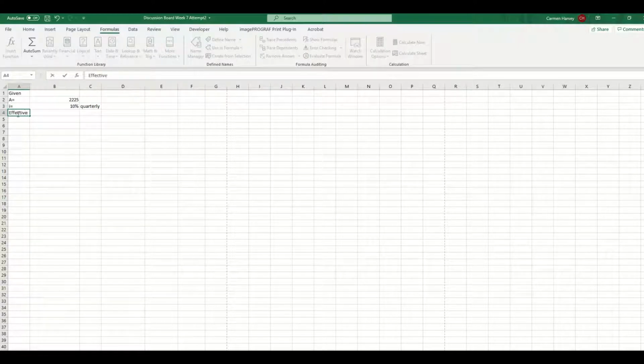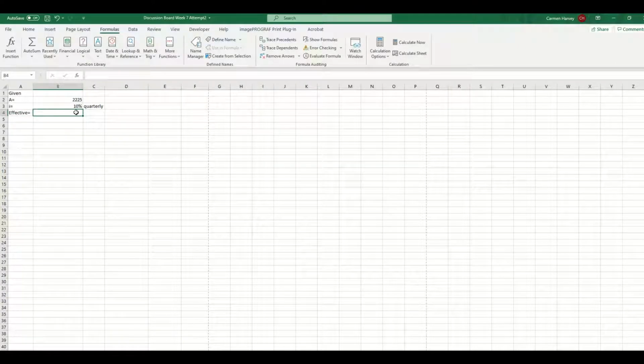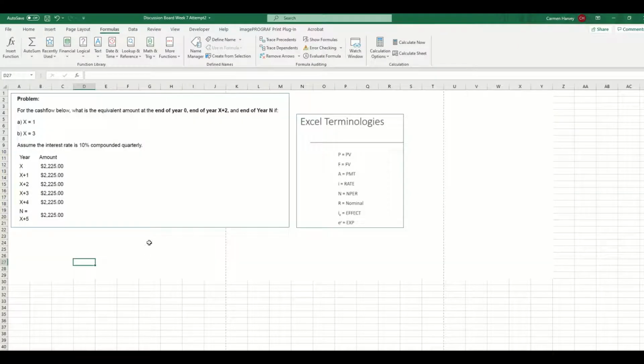We have to get our effective interest rate. To get it, if you look over here at these different terminologies that we were given, you're going to want to use EFFECT for i effective.